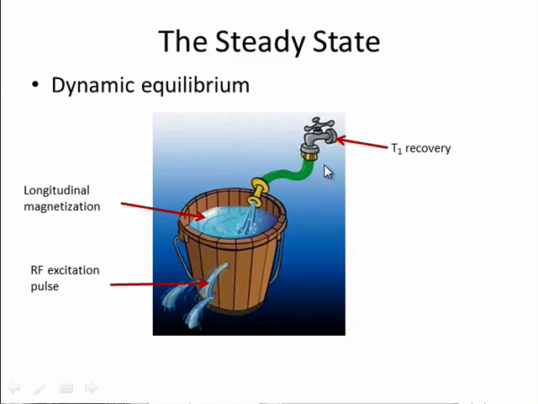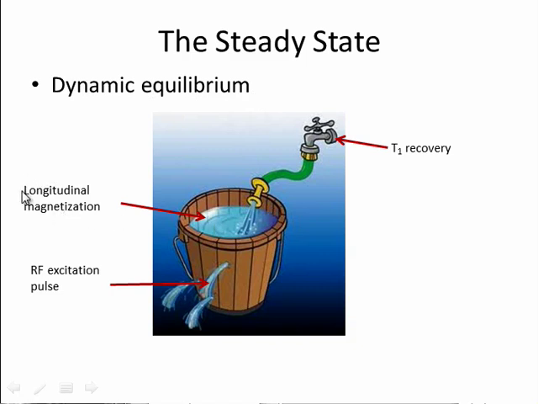So if we go back to our steady state analogy, the bucket of water here, the water really is the longitudinal magnetization. So if the water level is going up and down, then we are not in a dynamic equilibrium state.